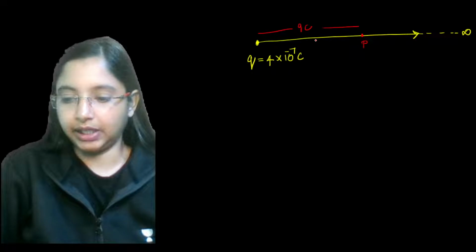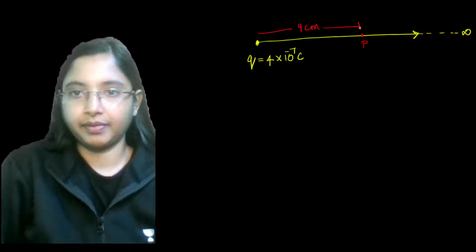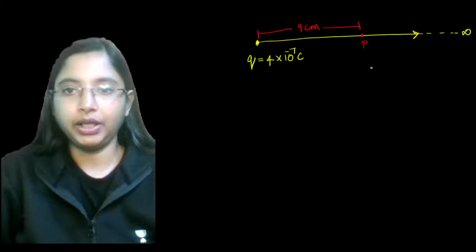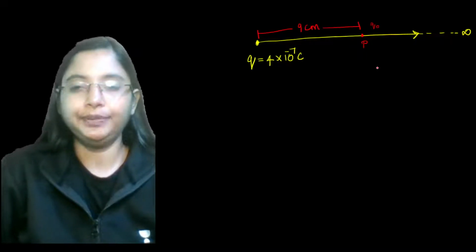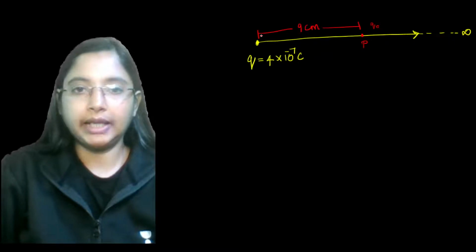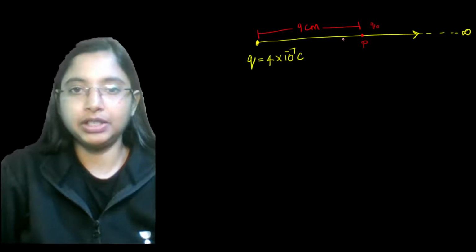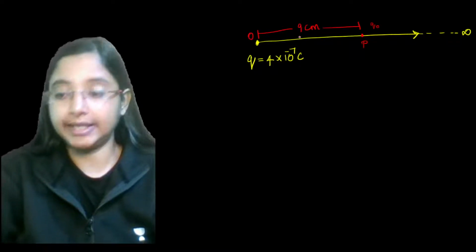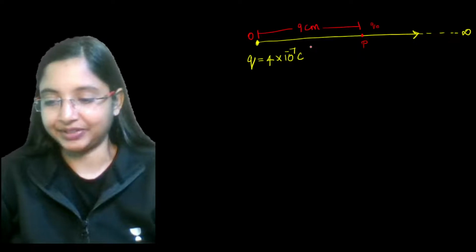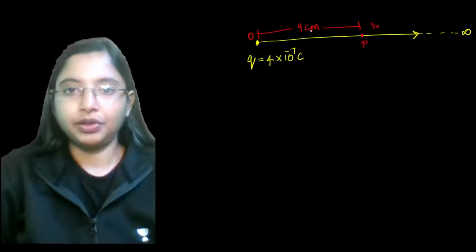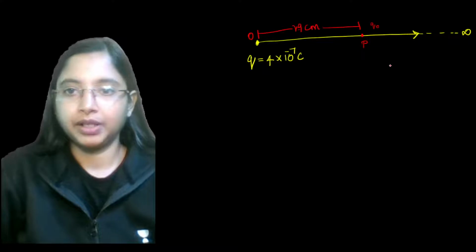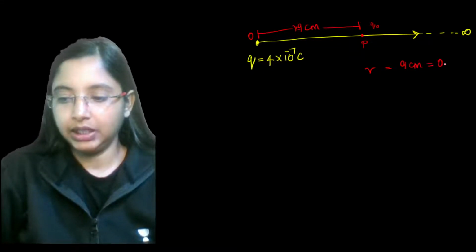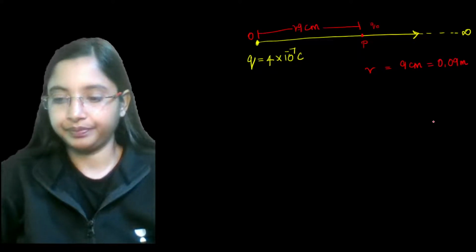So from infinity, you're moving a test charge Q0 to this point P. Let's say the source charge is at point O. Point P is 9 centimeters away, sorry, not kilometers. So this value gives you R. If R is equal to 9 centimeters, in terms of meters it will be 0.09 meters.